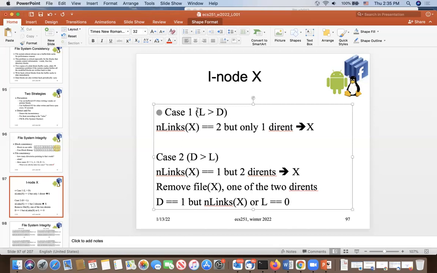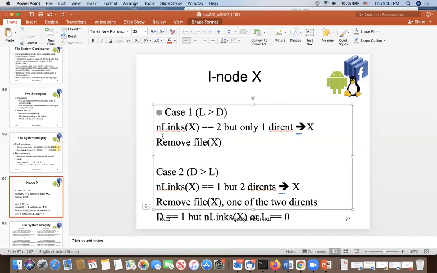Look at the other case, which is why I said L greater than D is actually not ideal, but I can live with it. Because what happens is the same thing if I remove the file. If I remove X, it's always trouble when you try to remove a file or overwrite something.